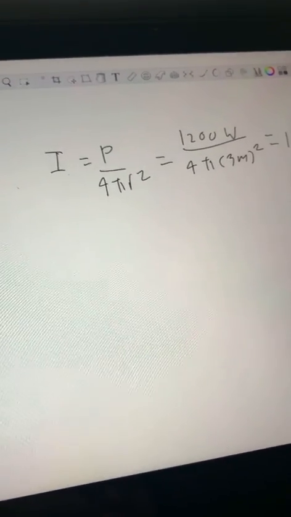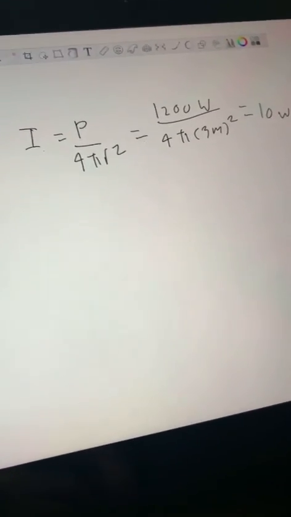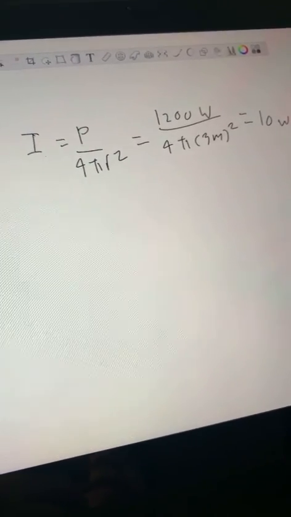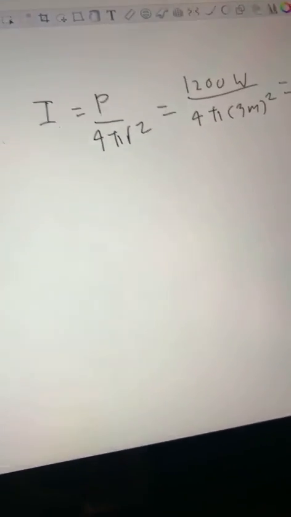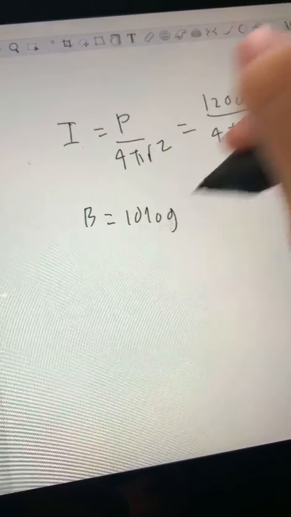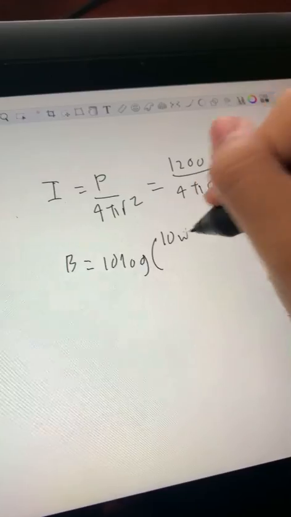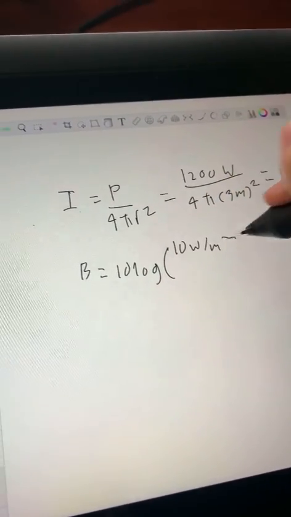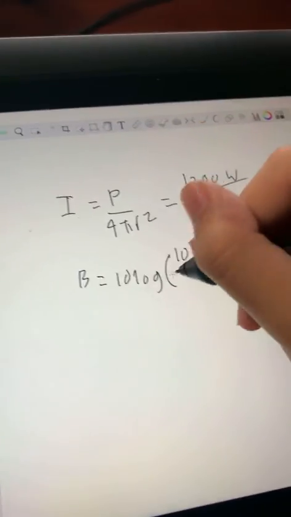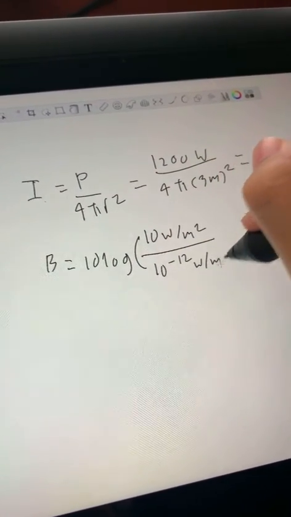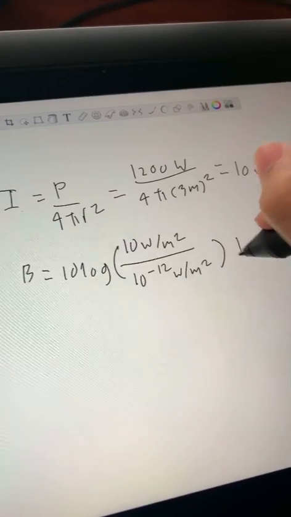So all we have to do is fill in the values from before. Instead of 96, it will just be 10. So we do beta equals 10 log of 10 watts per meter squared over 10 to the power of negative 12 watts per meter squared decibels.